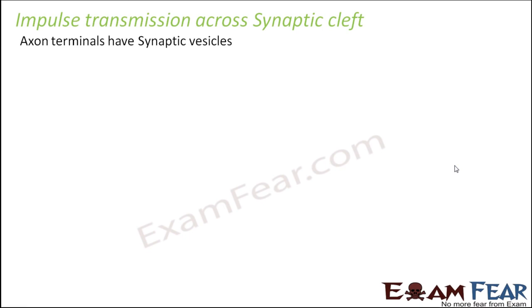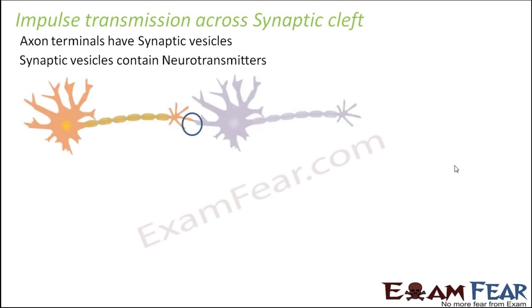Here again we will pay some attention to the structures present around the synaptic cleft. Near the synapse, it is the axon terminals of one neuron which communicate with the cell body or the dendrite part of the second neuron. In the axon terminals, we have synaptic vesicles, and the synaptic vesicles contain the neurotransmitters. We have already discussed all this. This is the junction. The highlighted portion is the synapse.